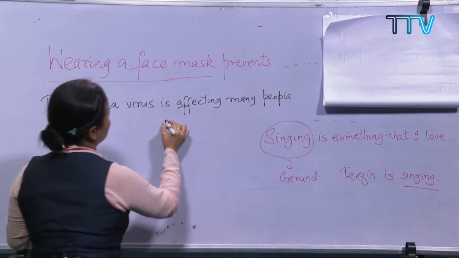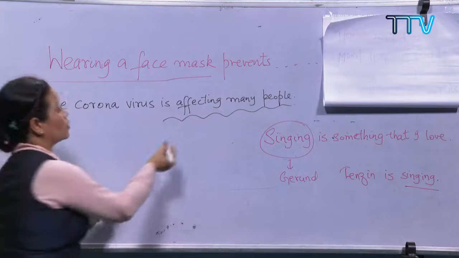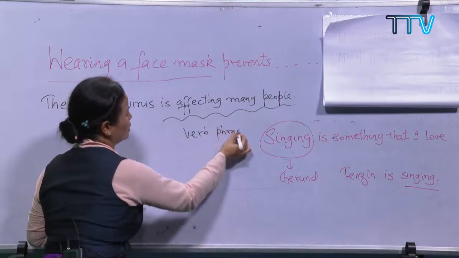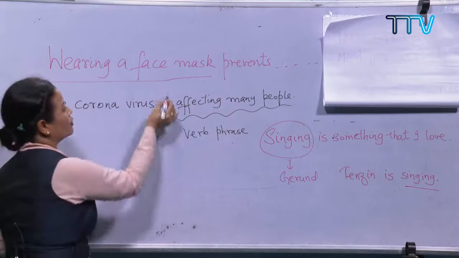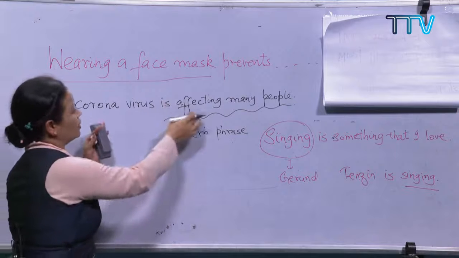Okay, now it's affecting many people. So this is the verb phrase. So actually the word itself suggests, right? The verb phrase is affecting many people. Affecting, this is the verb here. So the coronavirus is affecting many people.